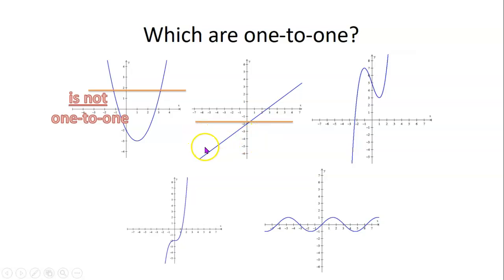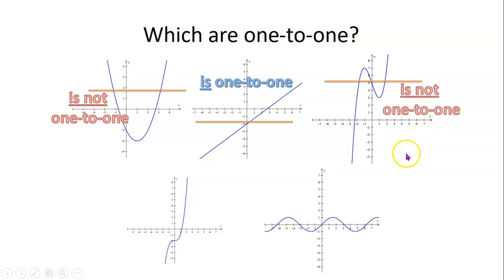Any horizontal line you draw is only going to touch the graph at one point, so it is one-to-one. What about this one? Well, I can see ways that a horizontal line could touch the graph at more than one point. Some horizontal lines would only touch it once, but some touch it at three different points, so not one-to-one.